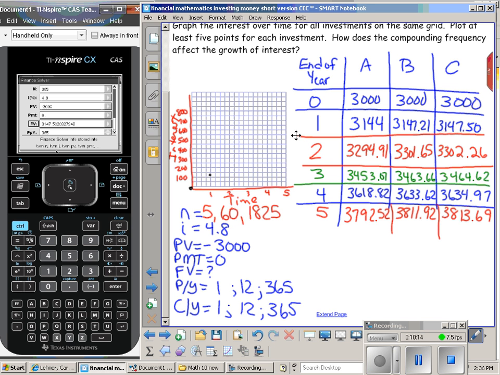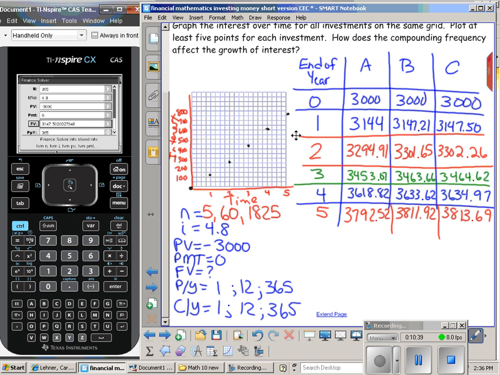Year 2 was $294, and then it was $453, $618, and then almost 800. So there is option A.